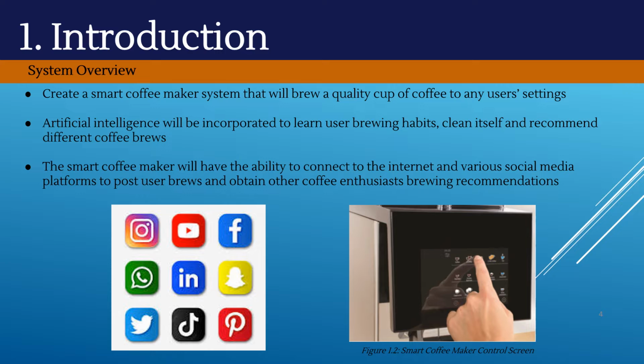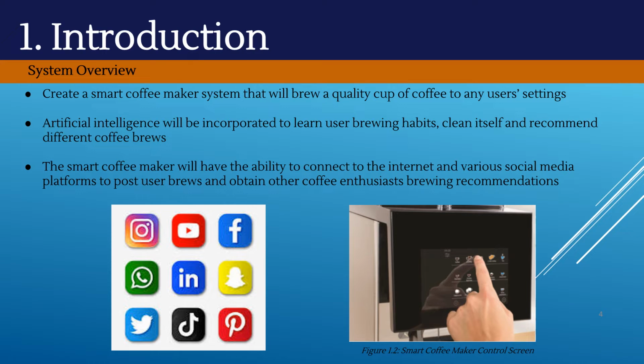Essentially, this coffee maker is going to learn the user's brewing habits, and as it's done, at the user request, it's going to submit those brewing habits or brewing types up to social media, whether it be Instagram, Facebook, Twitter, etc., and make it available to other coffee enthusiasts to try it out.